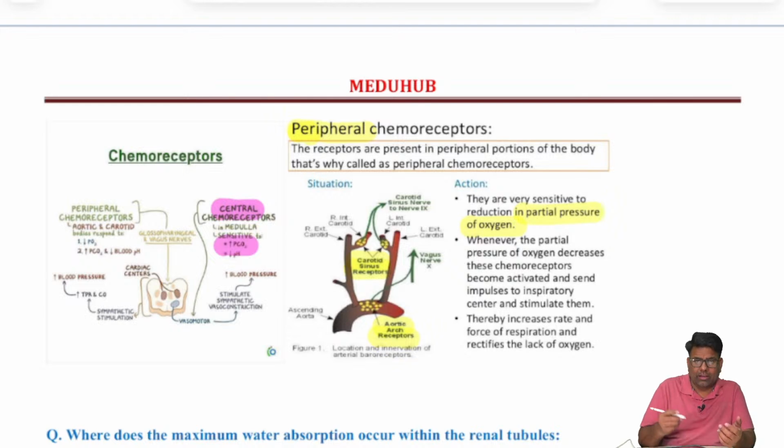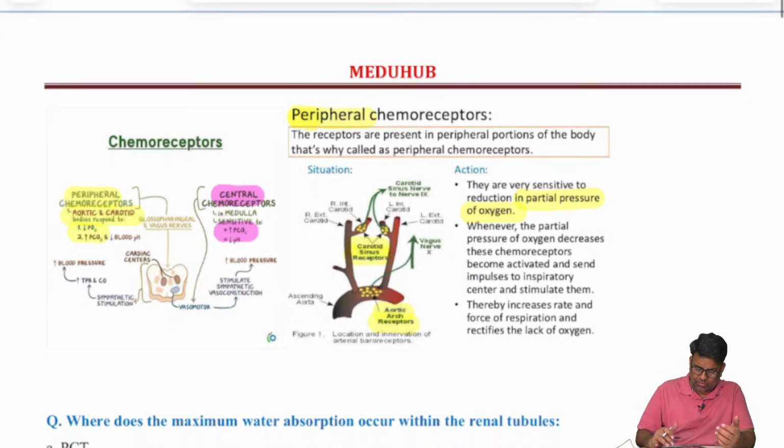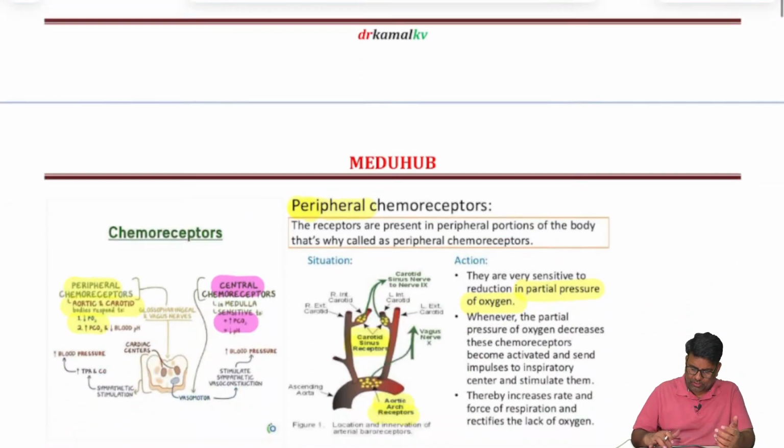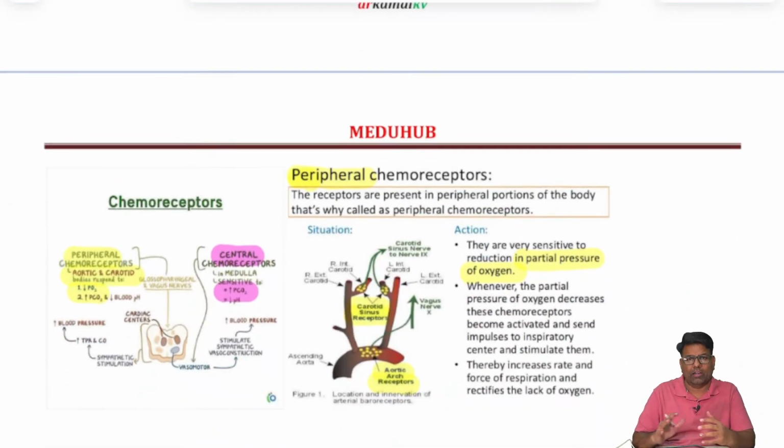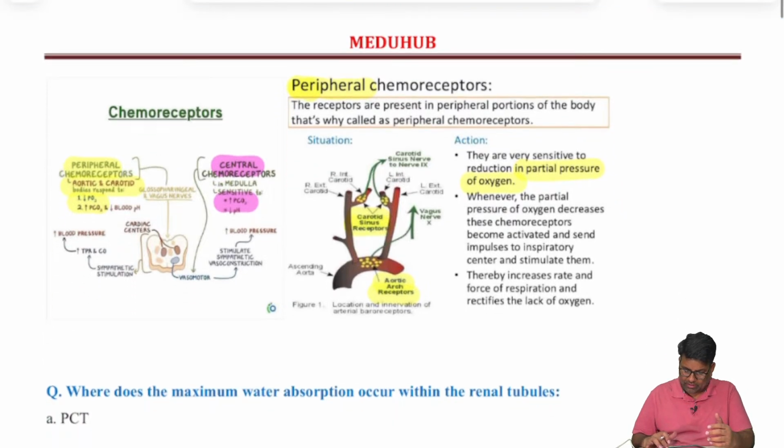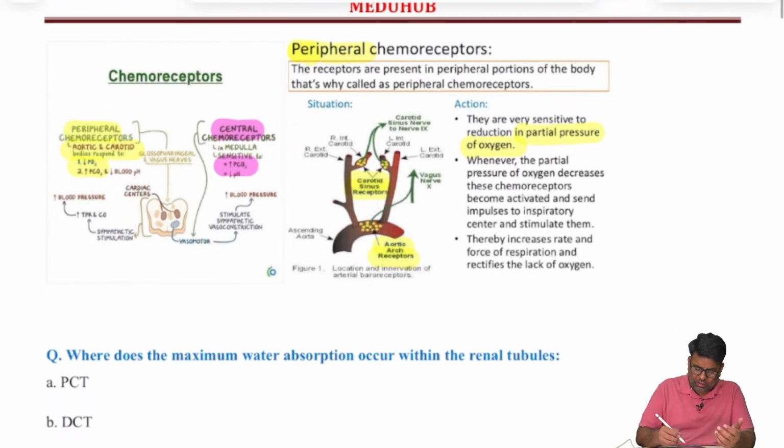So central is for PCO2, and peripheral, which are in the aortic and carotid bodies, are especially sensitive to the fall in partial pressure of oxygen and also an increase in partial pressure of carbon dioxide. So these are the chemoreceptors, and peripheral chemoreceptors are especially related to potassium ions.